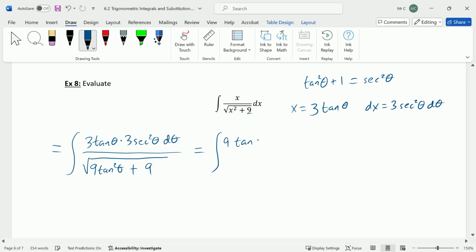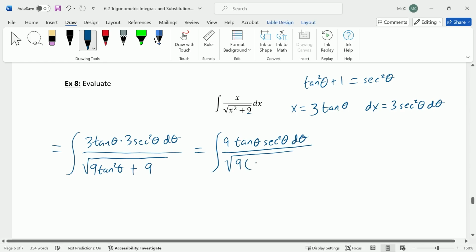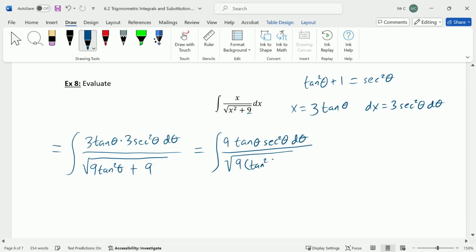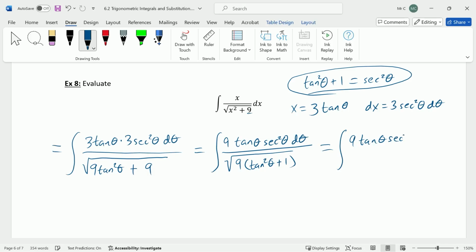This becomes 9 times tangent of theta secant squared of theta d theta. And in the denominator, we factor out the 9 and get tangent squared of theta plus 1. Now we can apply our identity here. That gives us the square root of 9 times secant squared of theta.